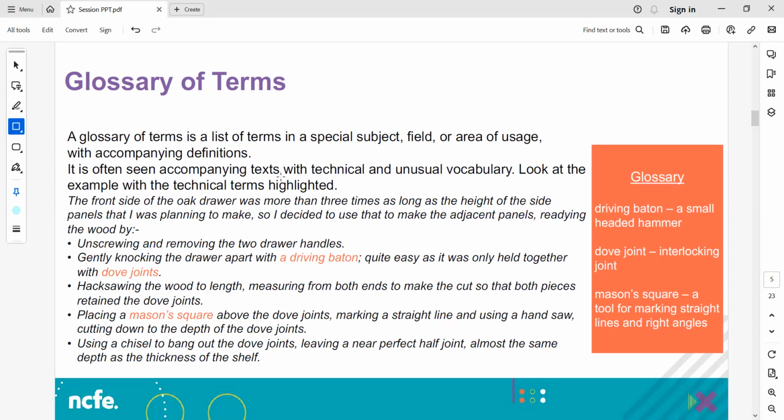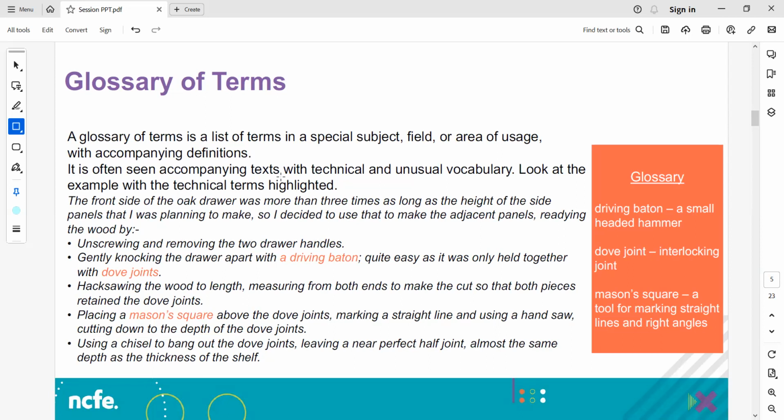It was quite easy as it was only held together with dove joints. Again, not everybody might know what this is. So we look at the glossary and we can see they are interlocking joints. Hacksawing the wood to length, measuring from both ends to make the cut so that both pieces are retained. So both pieces retain the dove joints.